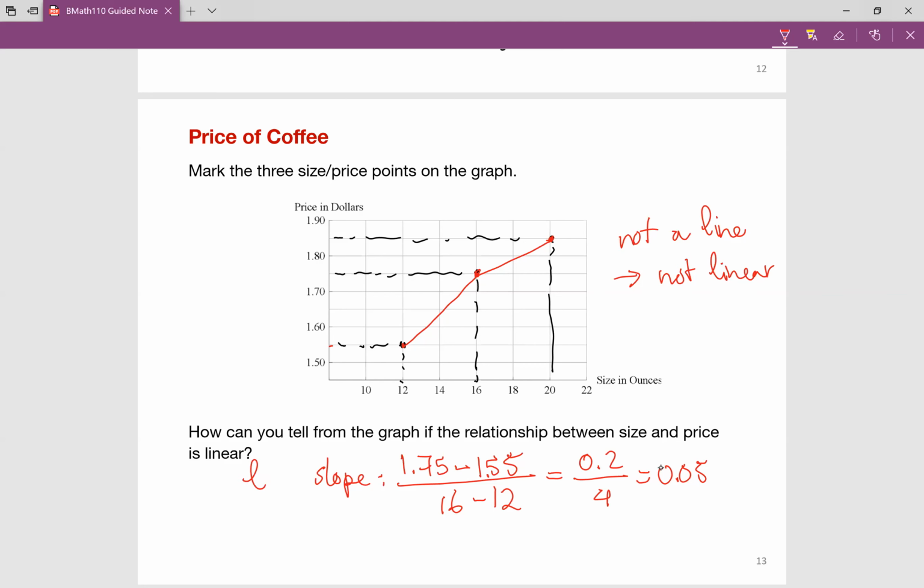This is line 1. Now let's check line number 2.